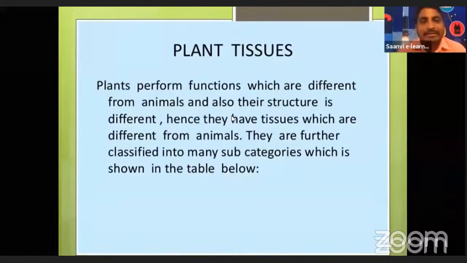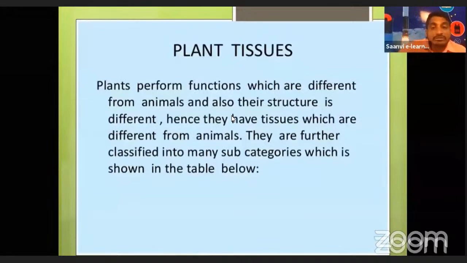Now our topic is plant tissues. So what are plant tissues? Plants perform functions which are different from animals, and their structure is also different.